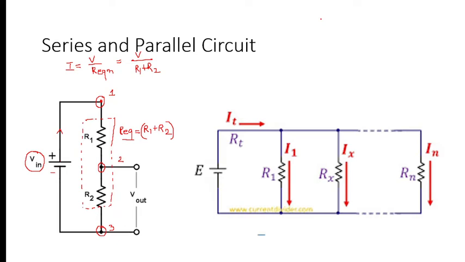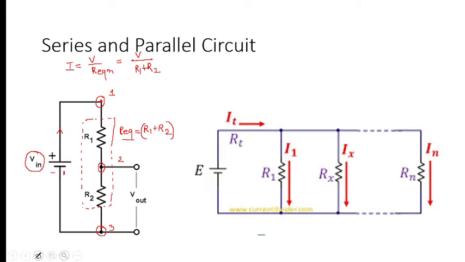So there is a reference. For any circuit there should be a reference. Generally we take the ground as a reference. We generally take the negative part of any battery as a ground point. That means we consider it as having zero potential.